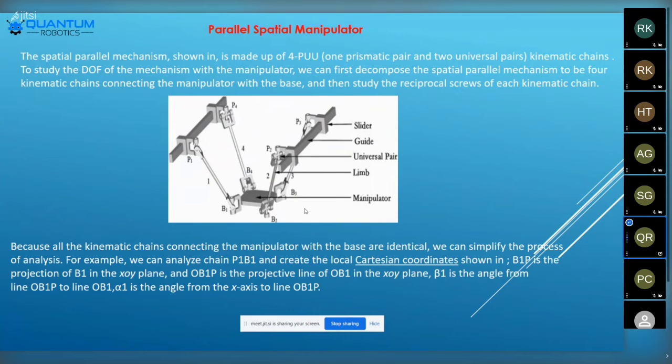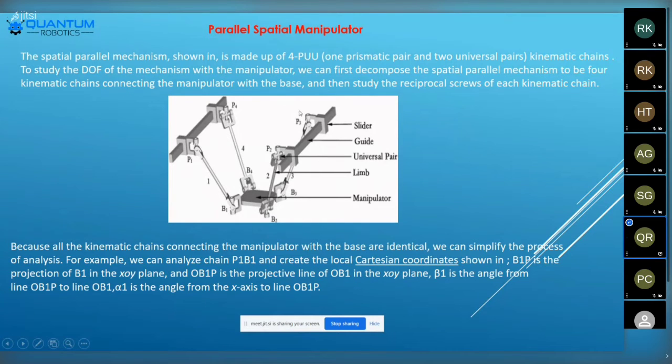If the glider detects that it is at the limitation position, up to here only you have to move on, and after this position the particular area of the job will be stopped. Okay, and the spectral mechanism has four kinematic chains connecting the manipulator with the base, and then we study the protocol screws of each kinematic chain.